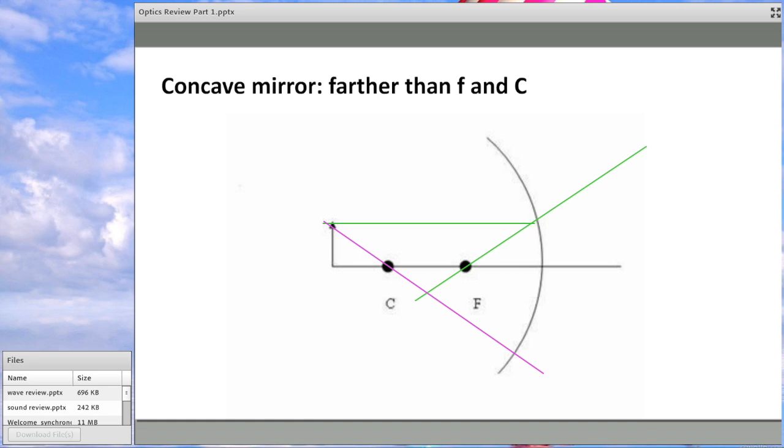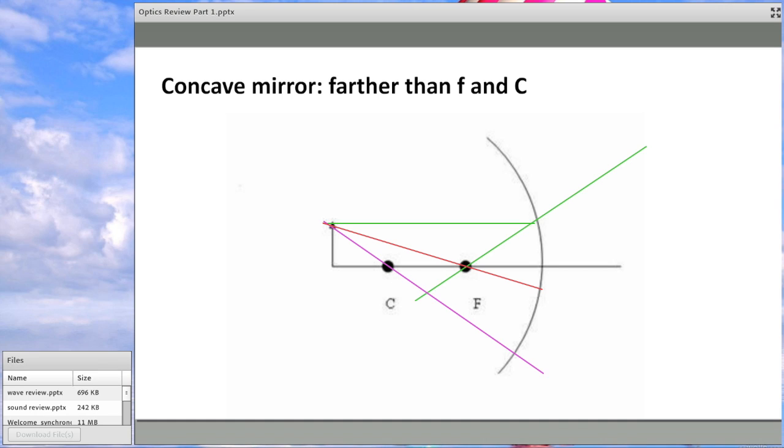Excuse me. I have a cold today, so I'm coughing. I know it's annoying in your headset. And then where these meet is basically where your image is. I'm going to try and draw the third one, but I haven't had much luck because this software's not as exact as I'd like it to be, and so I'm having trouble getting them to line up the way I want them to.